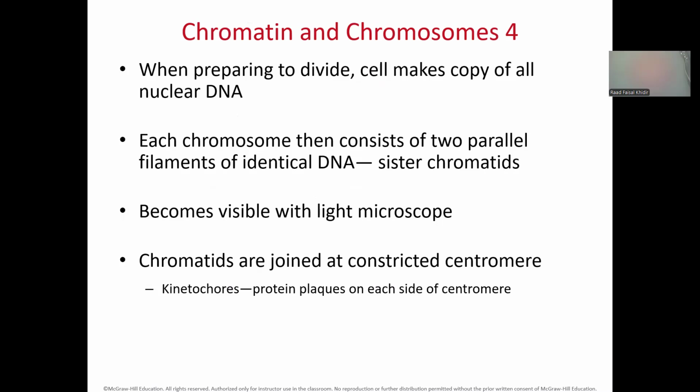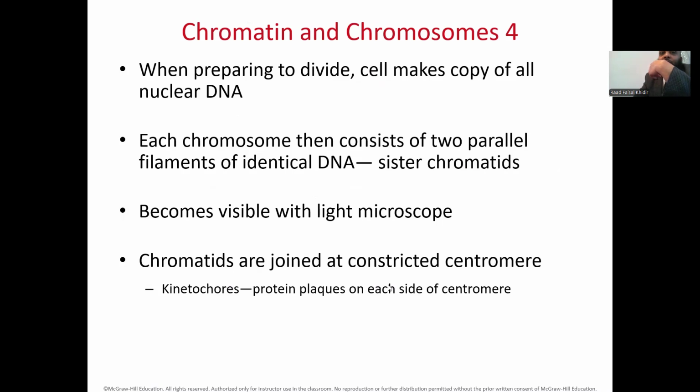When preparing to divide, the cell makes a copy of all nuclear DNA. Each chromosome then consists of 2 parallel filaments of identical DNA, the sister chromatids, which become visible with light microscopy.